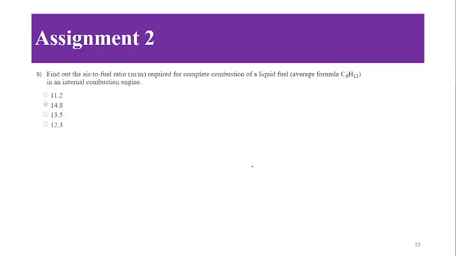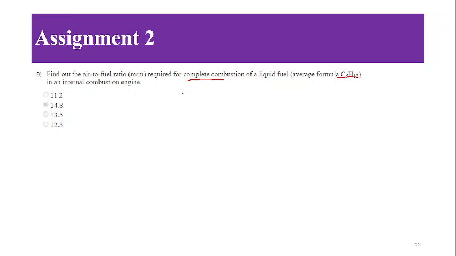The second assignment had this numerical question: find out the air to fuel ratio, mass by mass, required for complete combustion of a liquid fuel. The average formula is C6H13 in an internal combustion engine. So this is the average formula of the fuel, C6H13. We need the air to fuel ratio for complete combustion.